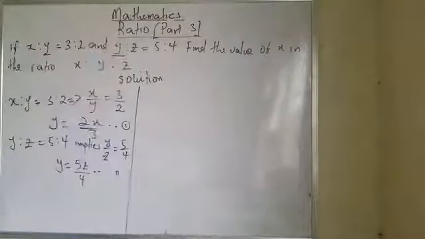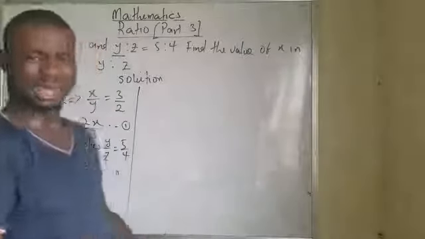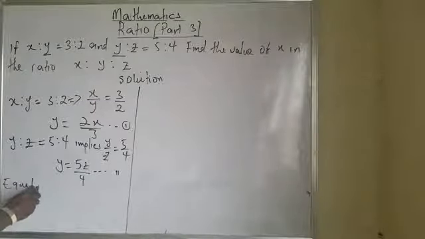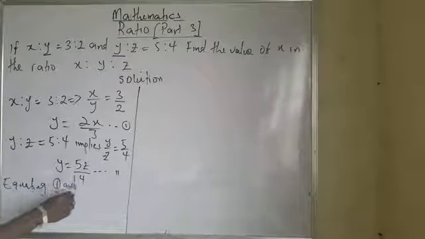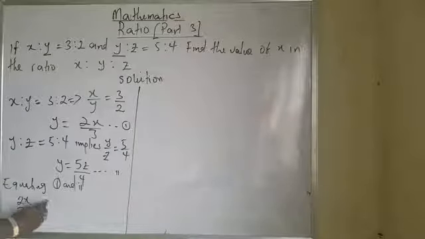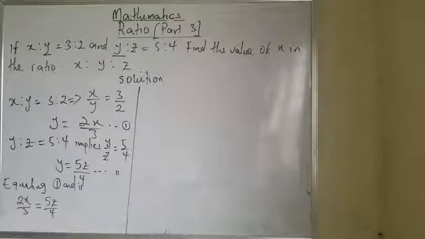You can put star, you can put m, you can put n, but note that you are talking about equation. Equating 1 and 2, I'll be having 2x all over 3 equals 5z all over 4. That is the interpretation.